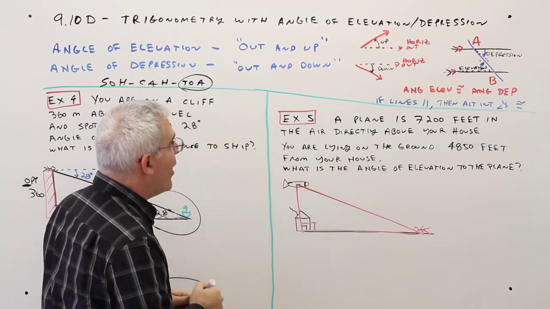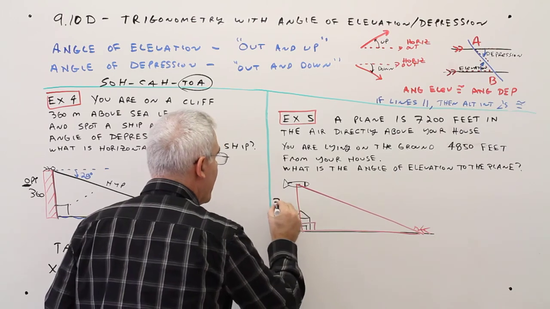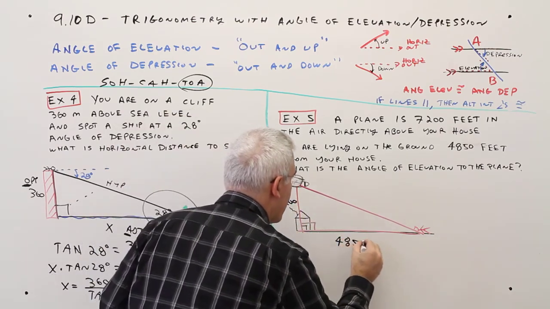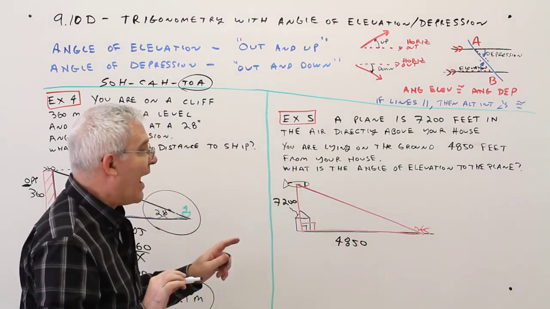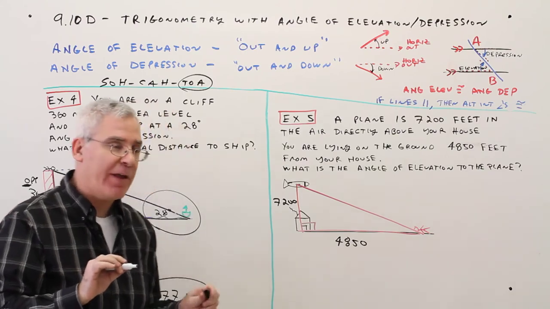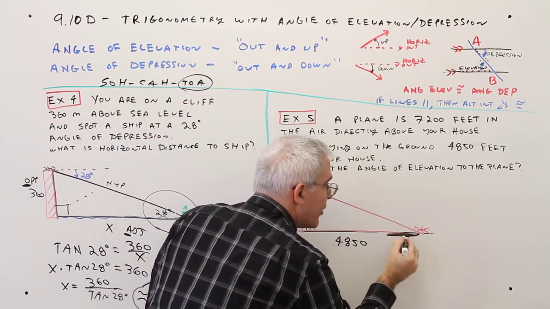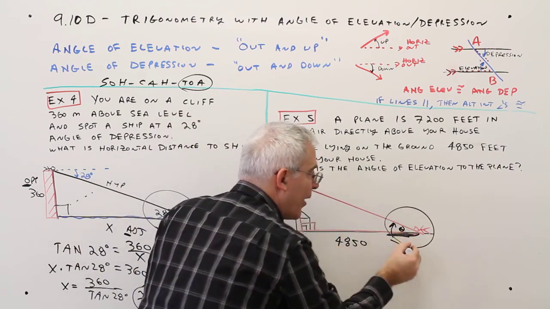Let's label what we know. We know that this is 7,200 here. We know this is 4850 here. Again, not drawn to scale. And we're trying to find the angle of elevation, out and then up. So I'm trying to find that angle theta right there.